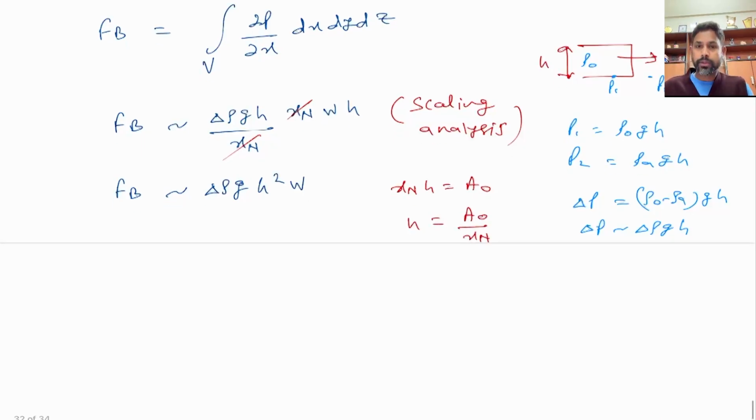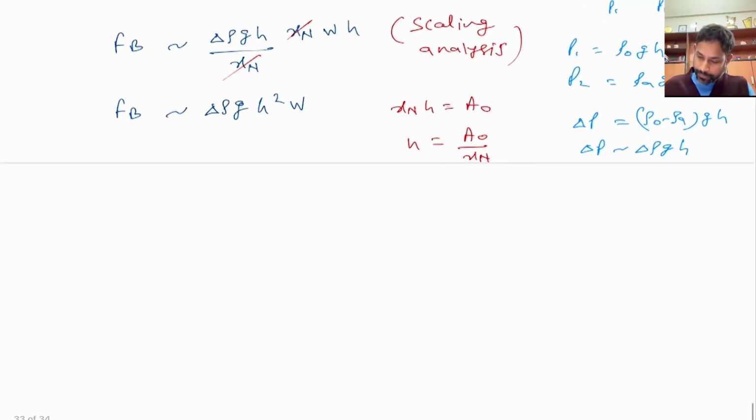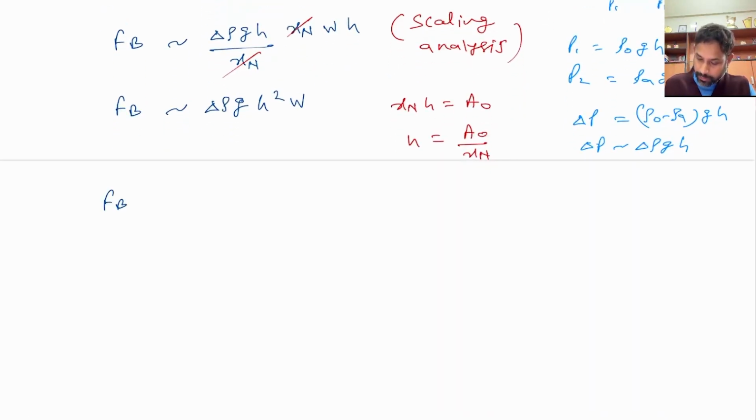So we are trying to convert everything in the form of xn, and that is why we'll convert h back into xn. So this actually gives us Fb times delta rho g. This will become a naught square w over xn square.